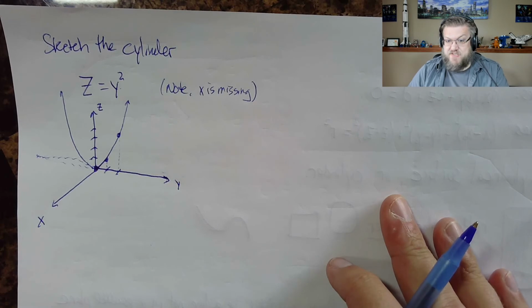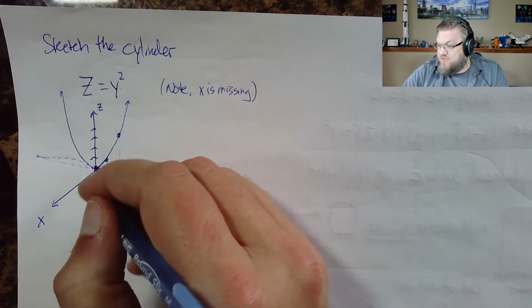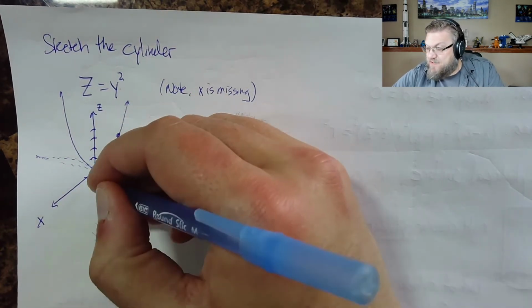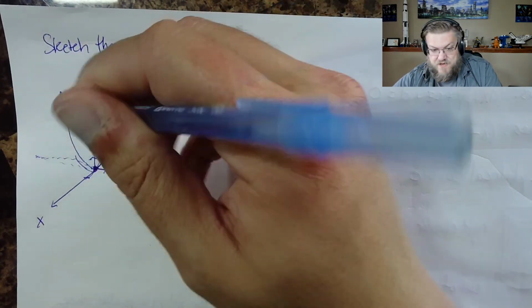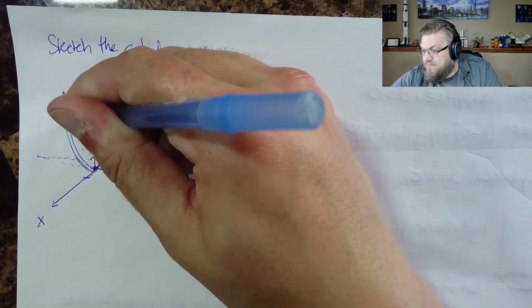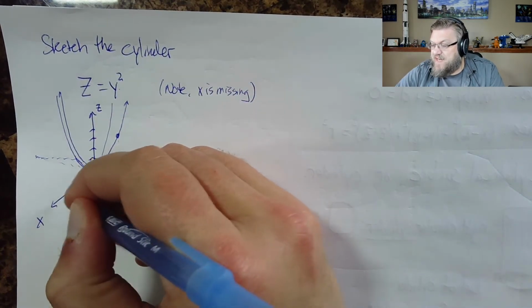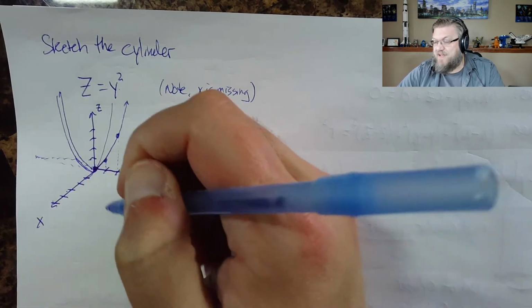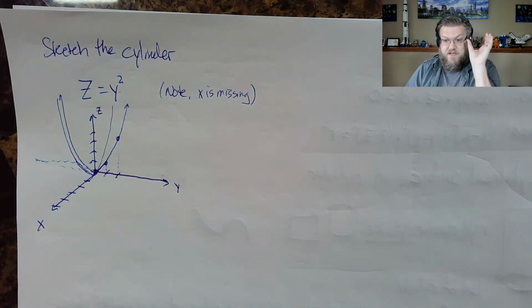So when x is 0, I get this parabola. But when x is 1, I also get the parabola. So guess what? I get a copy at x equals 1. It's like this parabola again. And at x equals 2, 3, 4, 5, and all of these x values along the way, I get this parabola, and I'm just going to go all the way down drawing a surface.